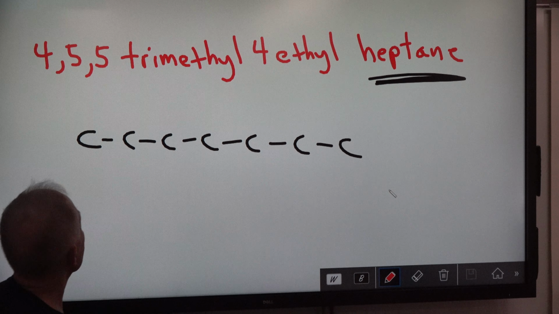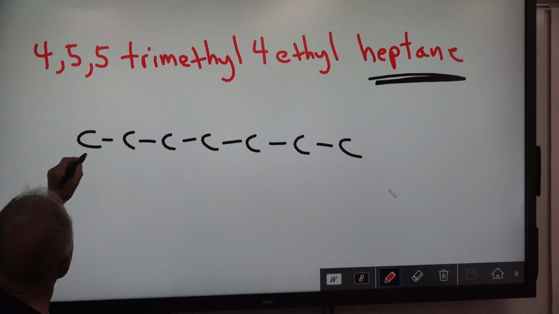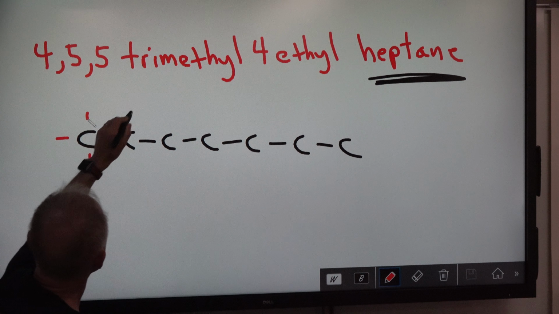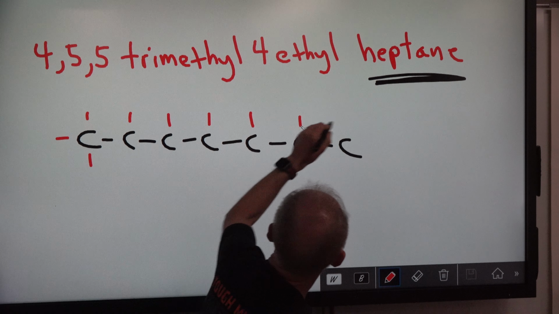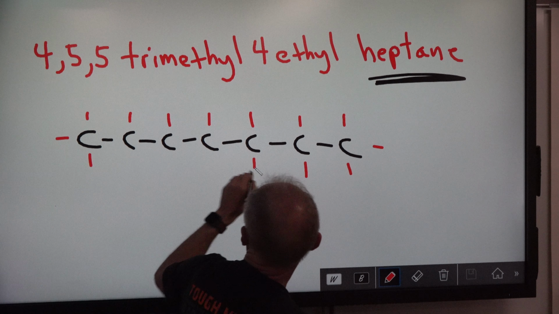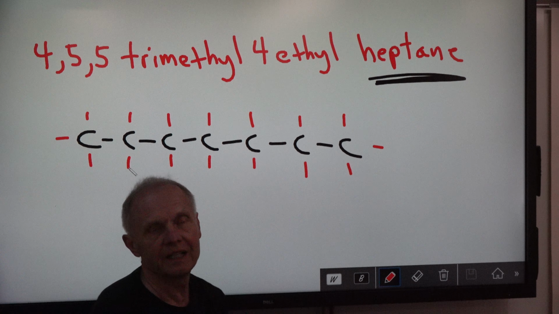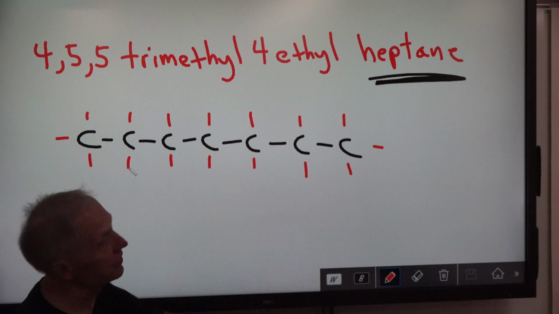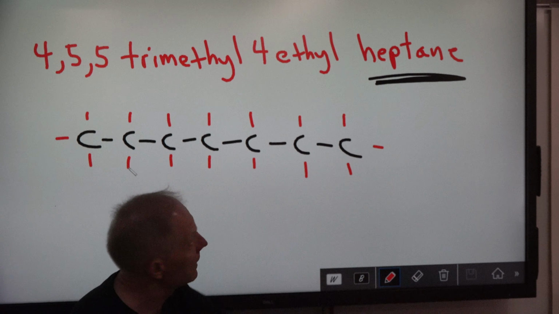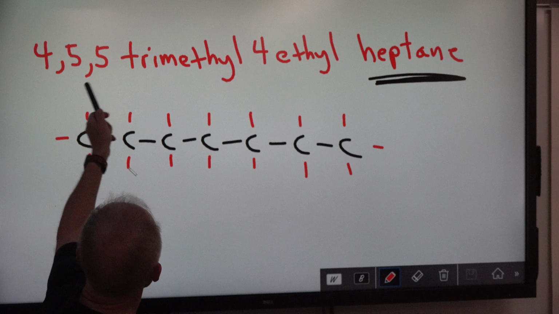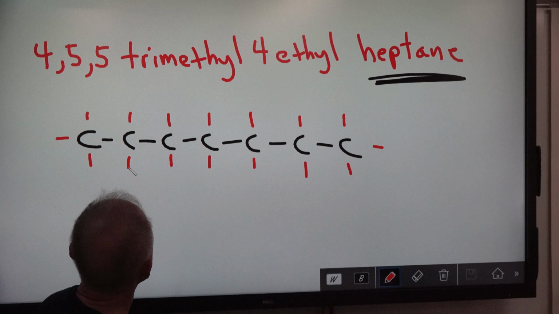We can do that because we know it ends in ane, so it's all single bonds. Now, where to put the branches? This is the trunk, heptane. 4,5,5-trimethyl.